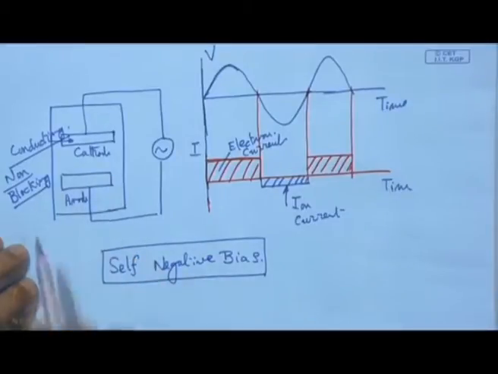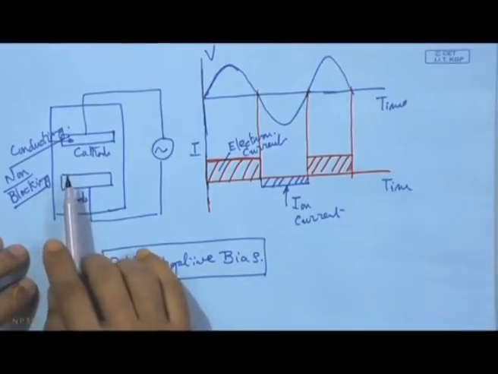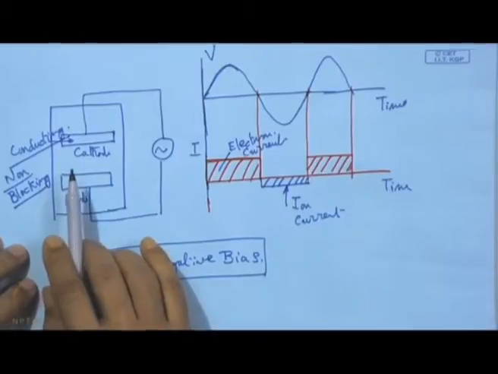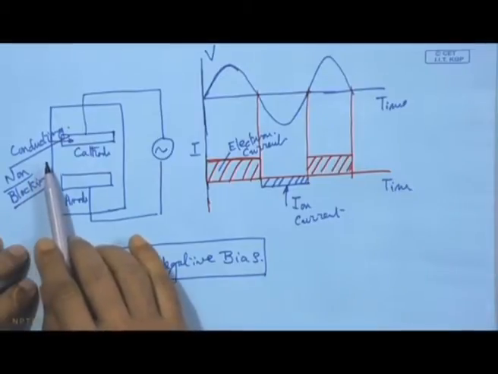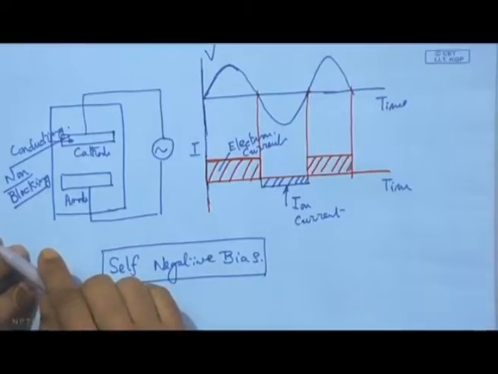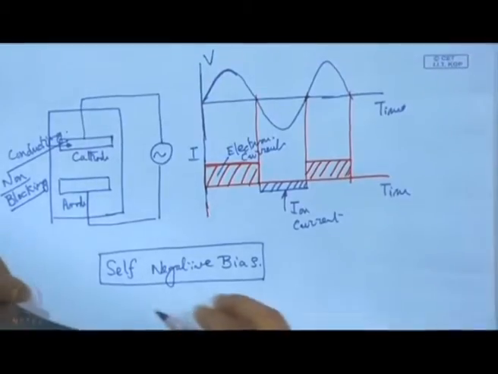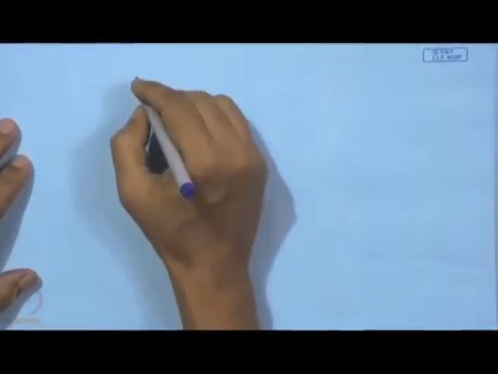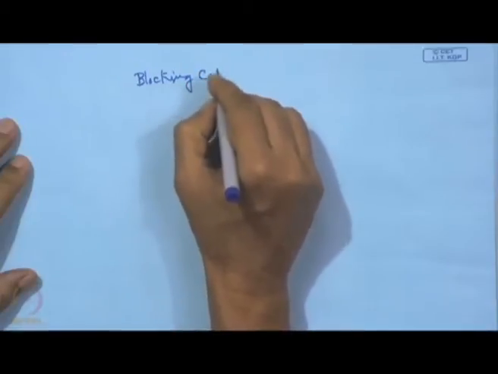So, self bias is anyway a must for sustaining the discharge to carry forward this sputtering process. So, when it is a conducting cathode or a non-blocking cathode, what is also added here in this system is what we called a blocking capacitor.